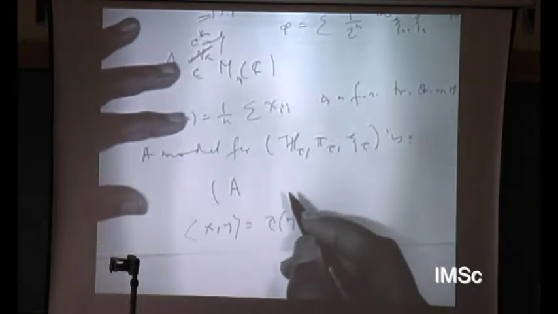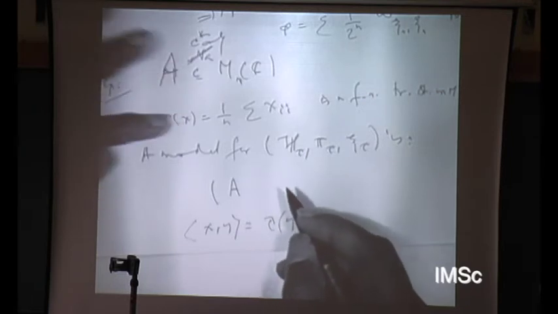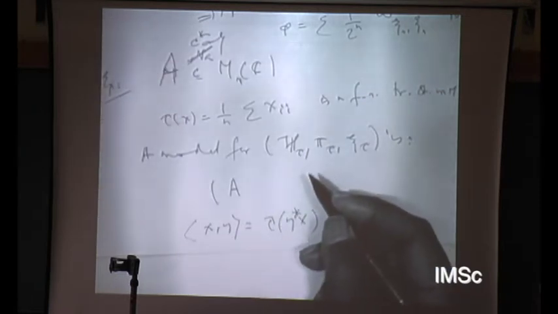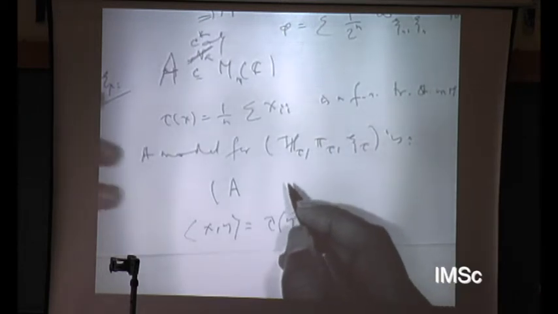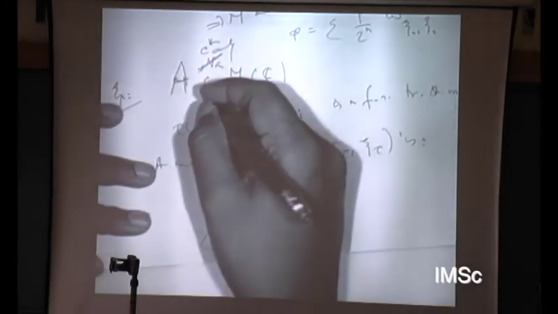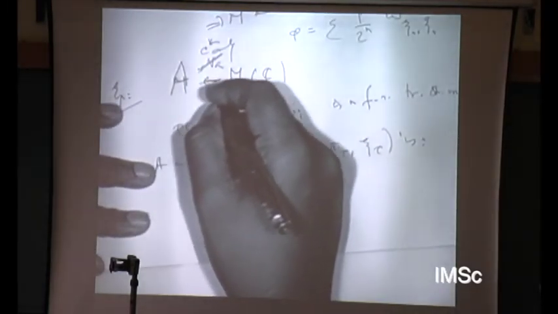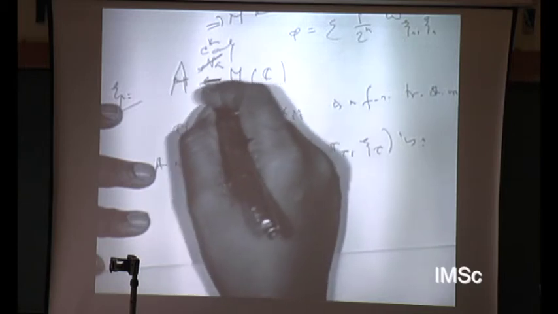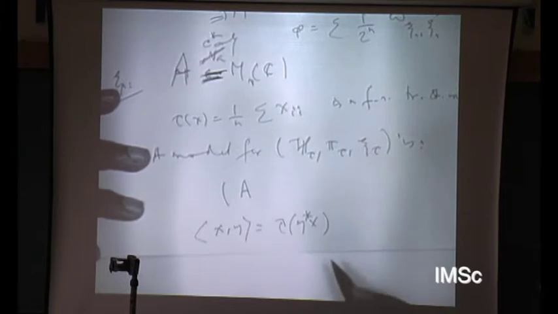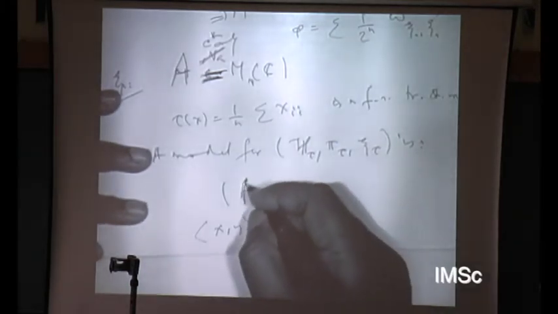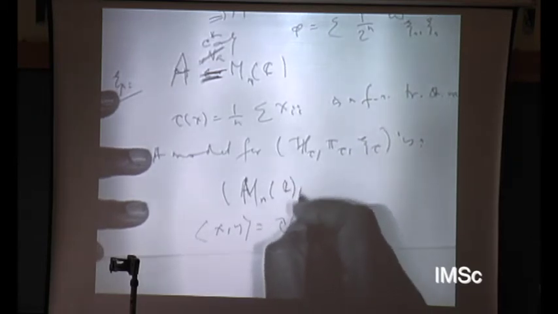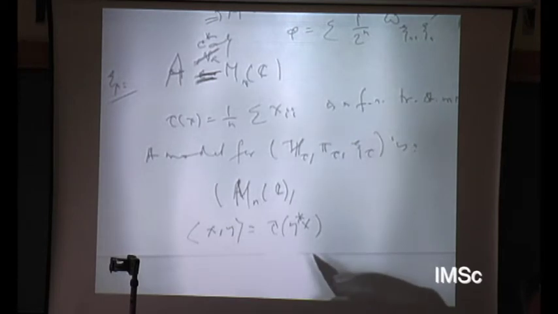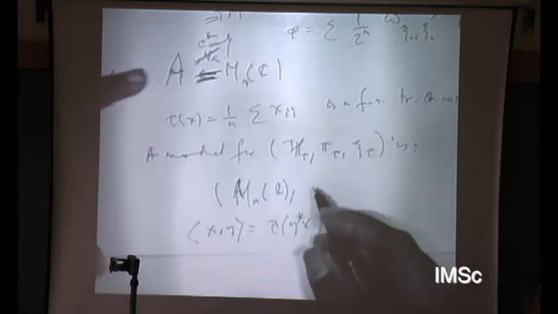and should I do? No. Let me do. No, let me take A equal to Mn(C), with the inner product being given by this, and what is pi_tau?